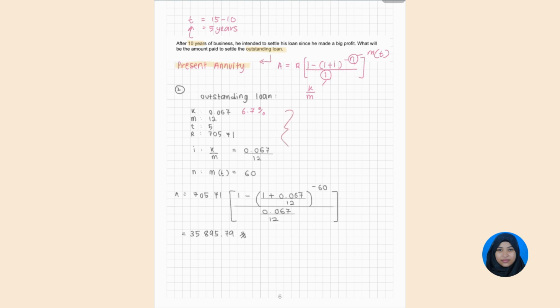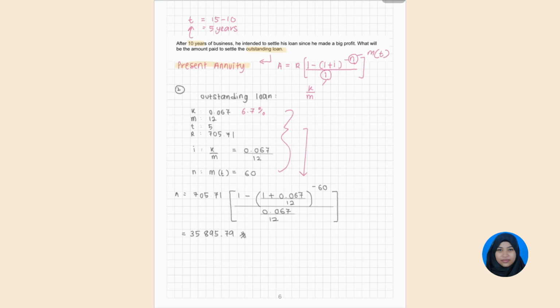So now that we have all the information, we can substitute it into our formula, which gives us A equals 705.71 times 1 minus (1 plus 0.067 divided by 12) to the power of negative 60, divided by 0.067 divided by 12.